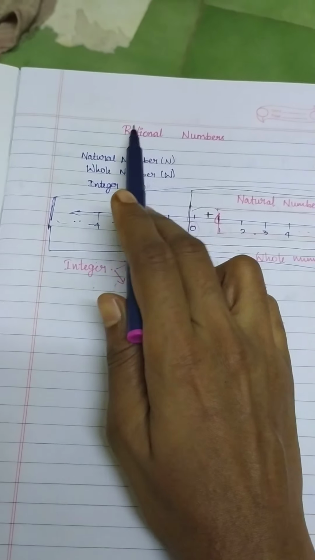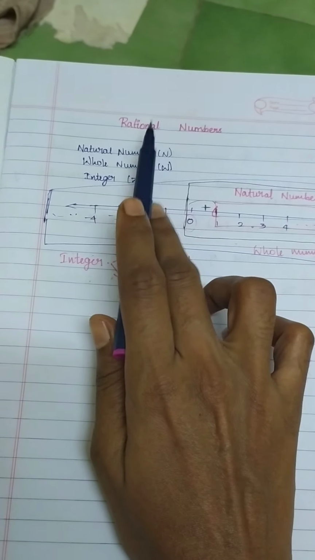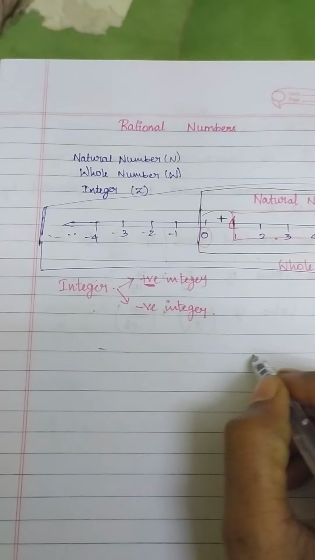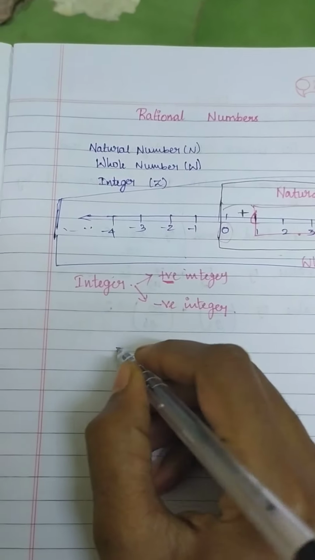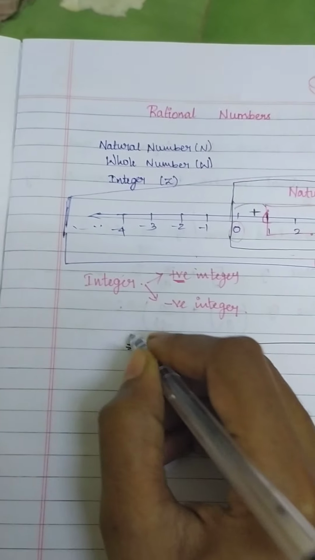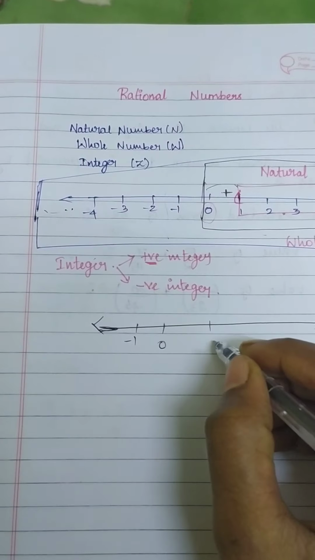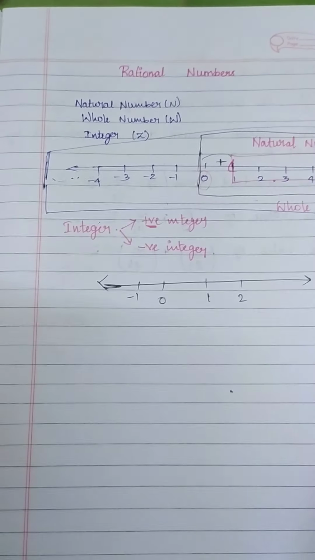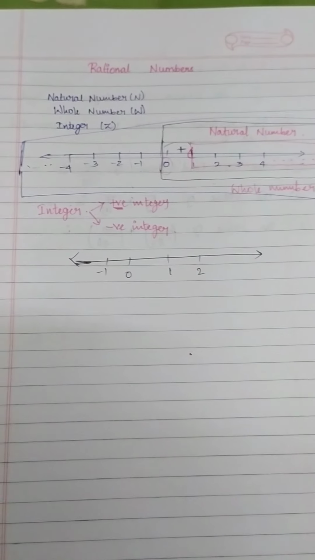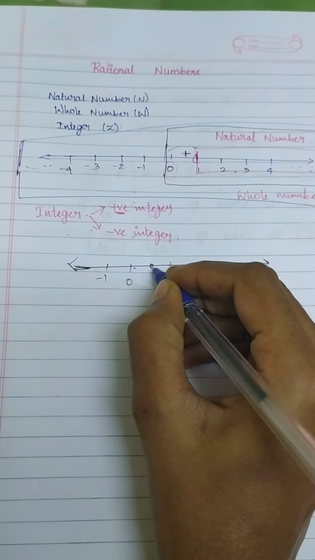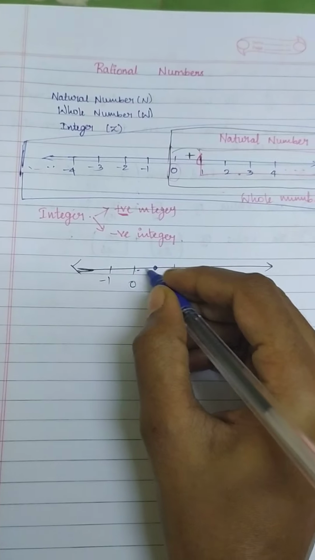But we are going to see about the rational number. What is meant by a rational number? We already know about the number line, that is, I am taking 0, -1, 1, 2, like that. The rational number is nothing but this: if I take any two numbers, in between we have lots of numbers.